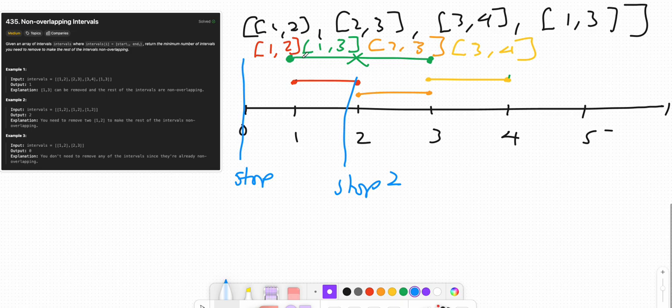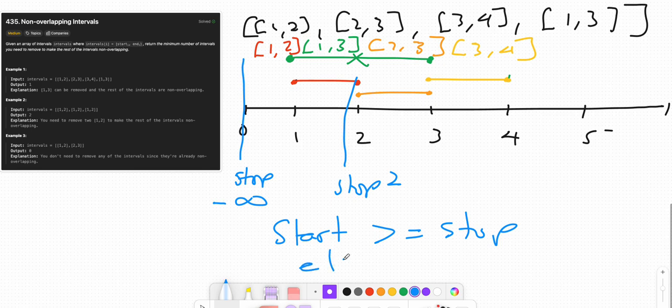But that is not the case here, so we detect that this is an overlap, and then we have to take this out, right? So always start must be greater or equal to stop. And how do we represent it? Because this question accepts both negative and positive values, we initialize stop at negative infinity, right? So start must always be greater than or equal to stop.